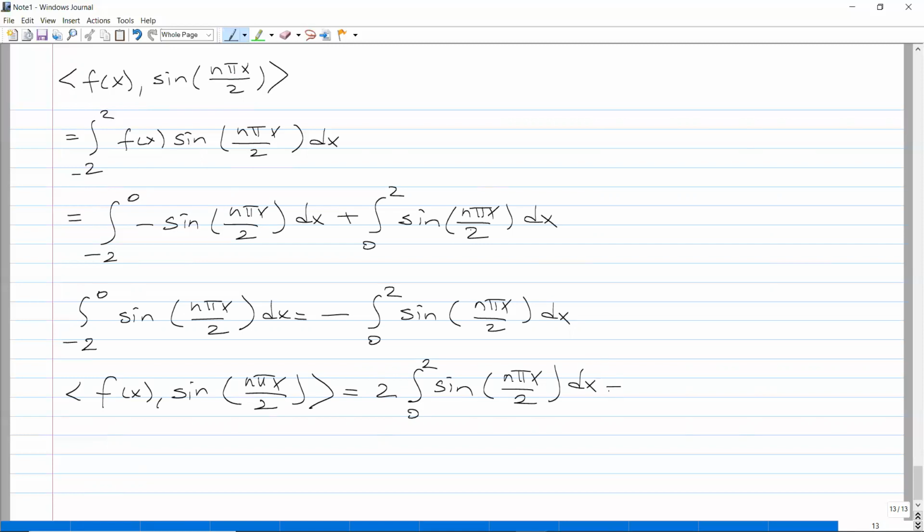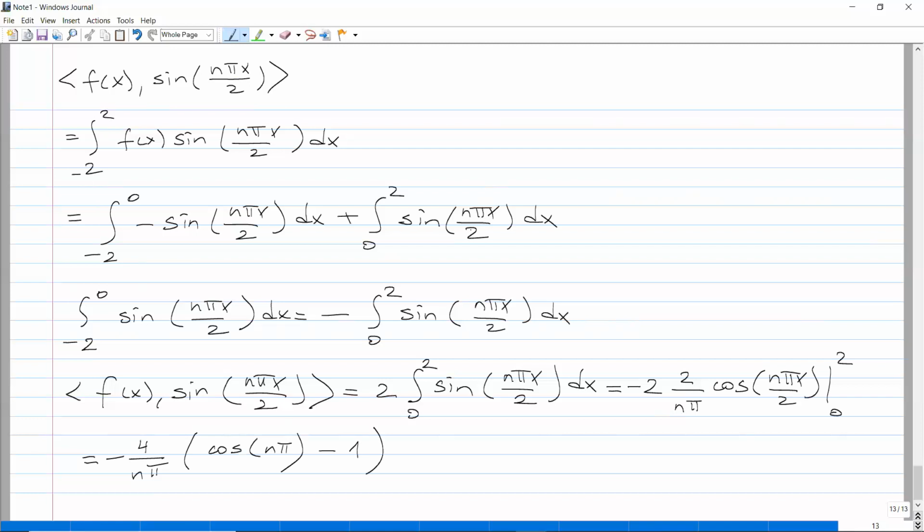The antiderivative of sine is minus cosine, so we have minus 2 over n pi, so 2 over n pi cosine n pi x over 2, x from 0 to 2. So minus 4 over n pi, when you put x equals 2, we have cosine of n pi, minus, when we put x equals 0, cosine of 0 is 1.